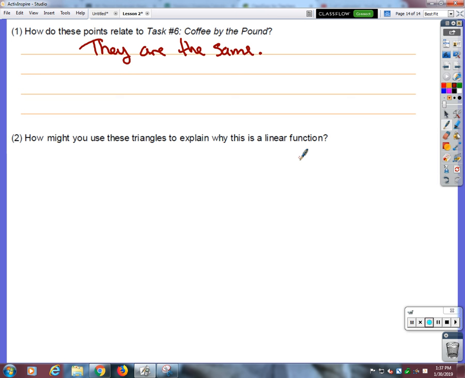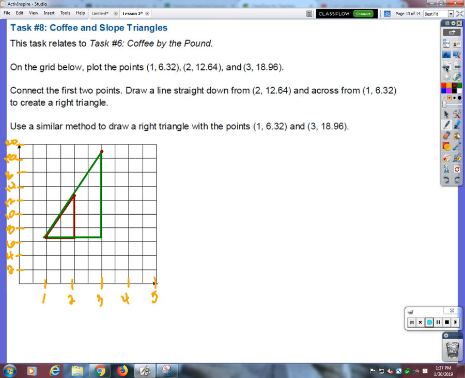Okay, number 2, how might you use these triangles to explain why this is a linear function? How do you know that it's a linear function because of those triangles? Let me put a point on here that would be not a linear function.